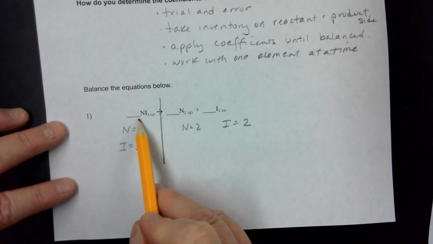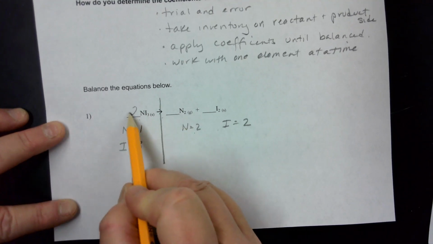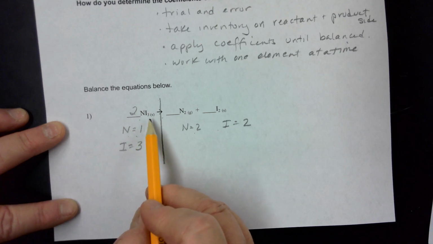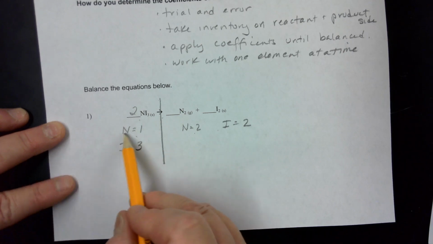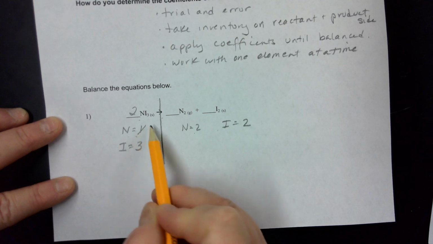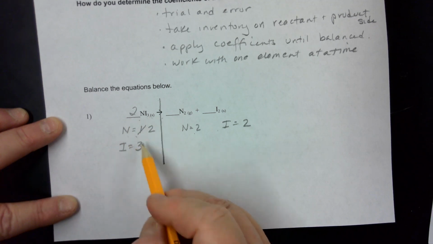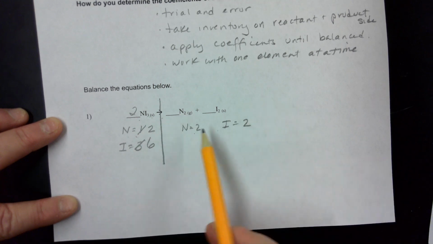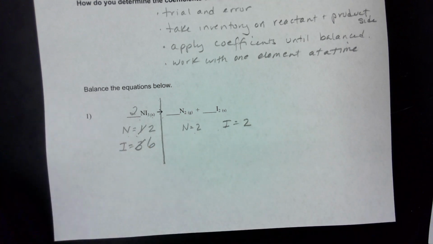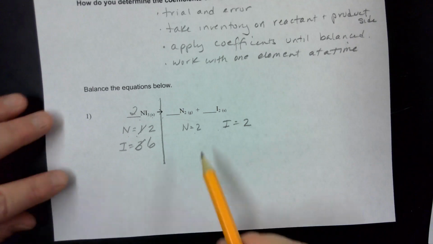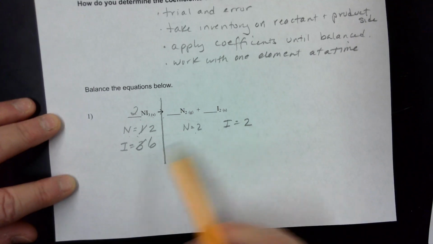So for me to have 2 nitrogens represented on the reactant side, I have to put a 2 in front of the NI3. And what that's going to do is change my inventory. So now I'm going to have 2 nitrogens, and I'm going to have 2 times 3, I'm going to have 6 iodines. Right? So I'm looking right now that my 2 nitrogens are the same, but my iodines are not.